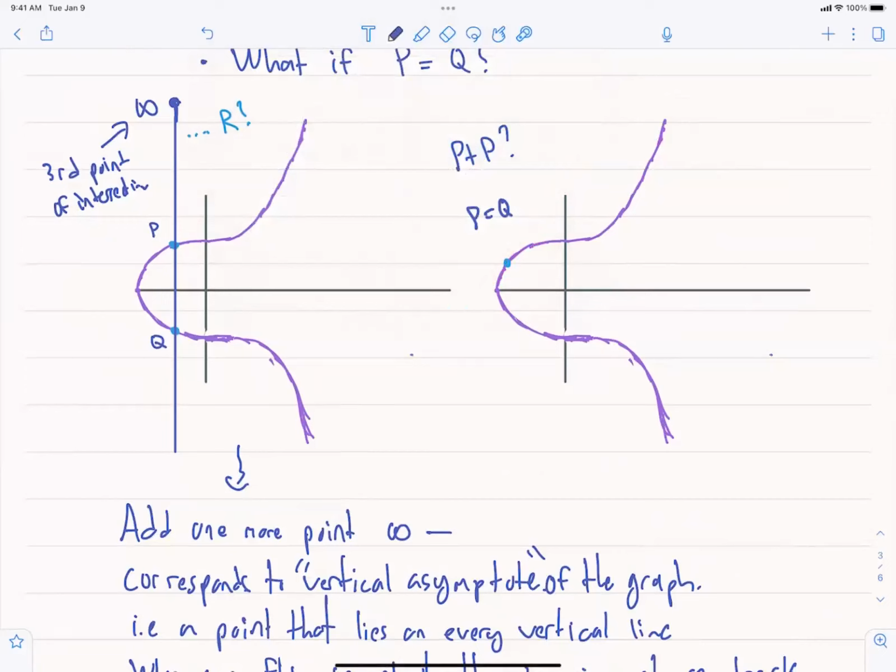And so that's what we do. We just take the tangent line.